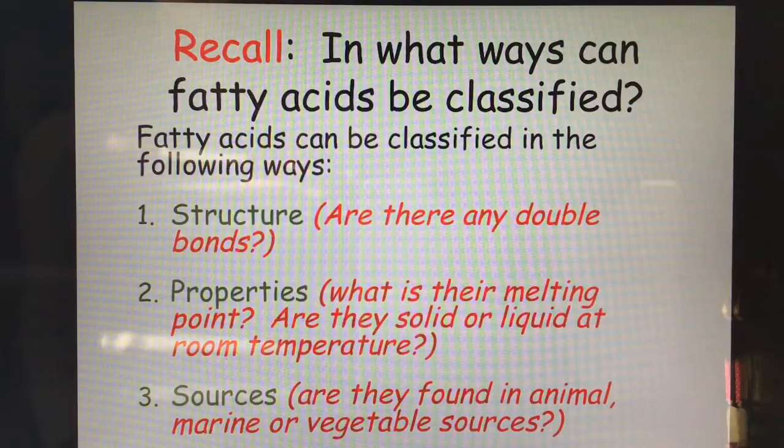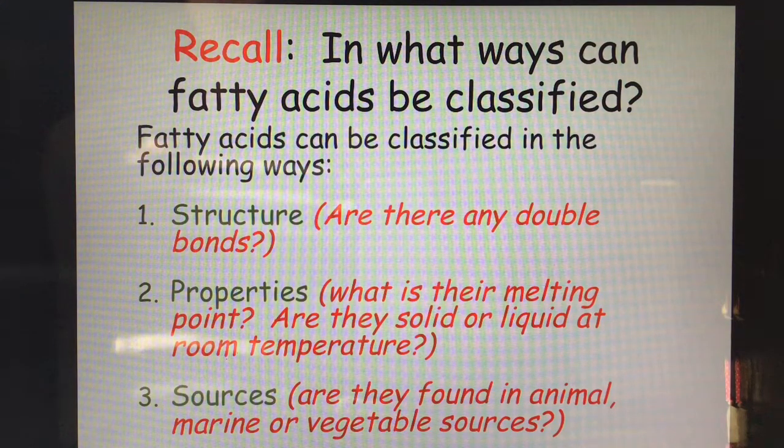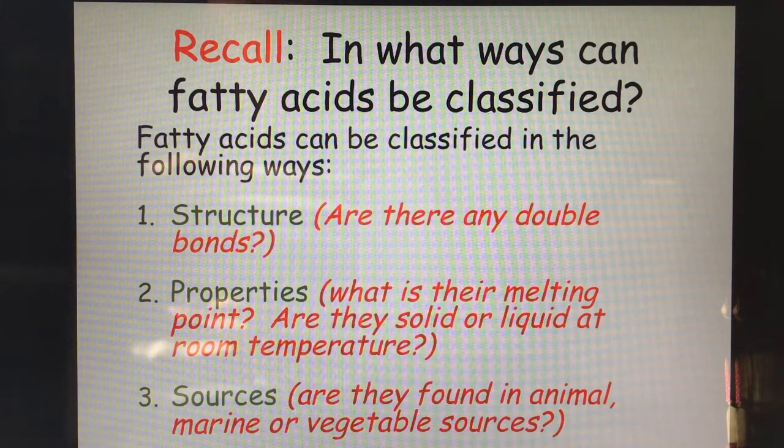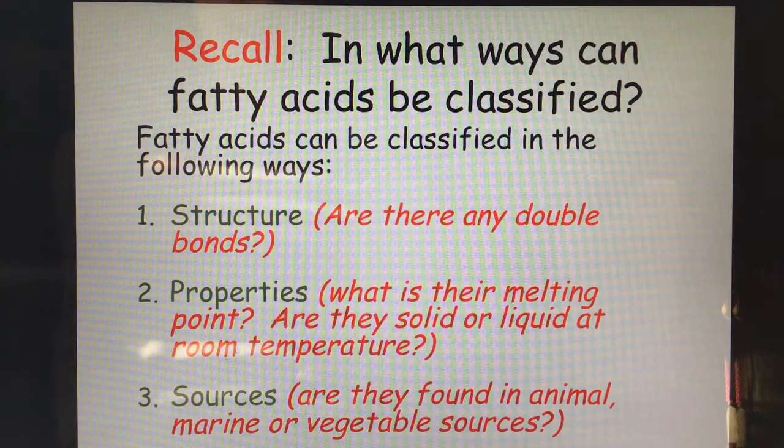So just to recall from the previous class, in what ways can fatty acids be classified? Well, fatty acids can be classified according to their structure, their properties or their sources. So for structure, are there any double bonds? Obviously, if there are no double bonds, it's a saturated fatty acid. If there's one double bond, it's monounsaturated, and two or more, it's polyunsaturated.